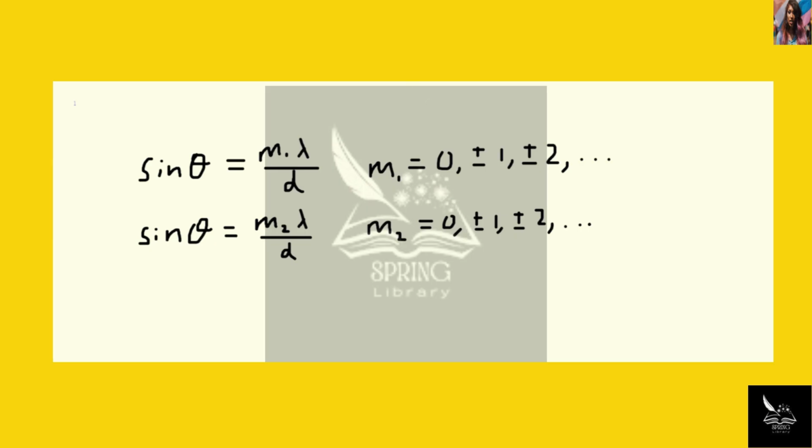Okay, so for part A, let's start a new page and indicate this as part A. We're told that the distance between the slits, d, is equal to 2 times the width of each slit, capital D. And we're asked to show that if d equals 2D, all even orders are missing.